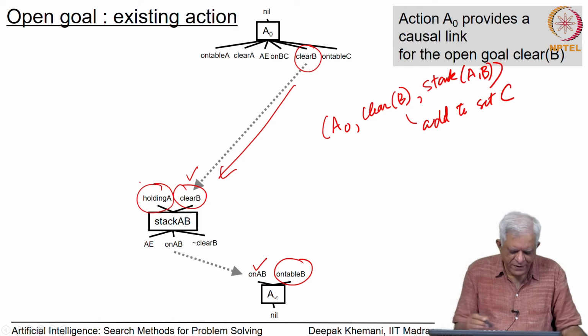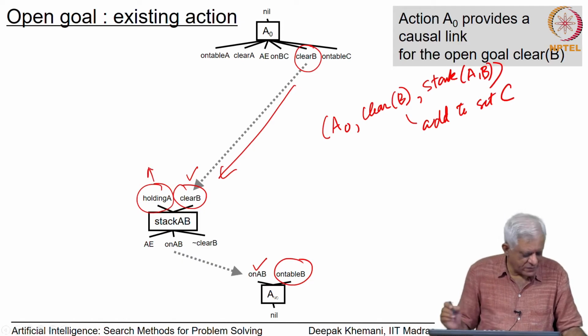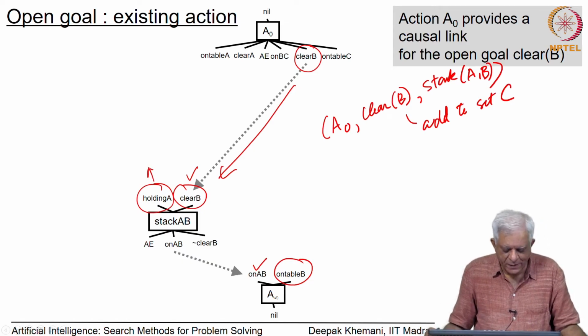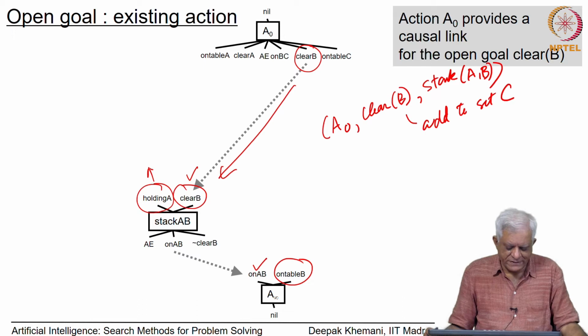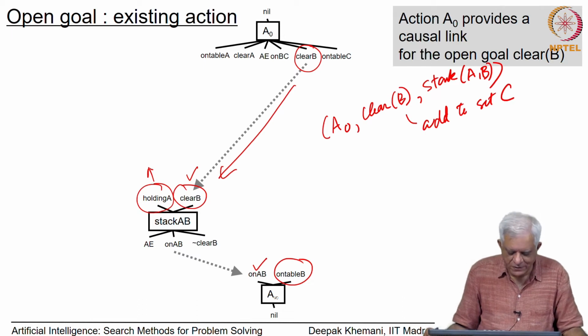So, let us assume that our algorithm is going to address this open goal holding A, because to execute the action stack A on B, we need holding A to be true.